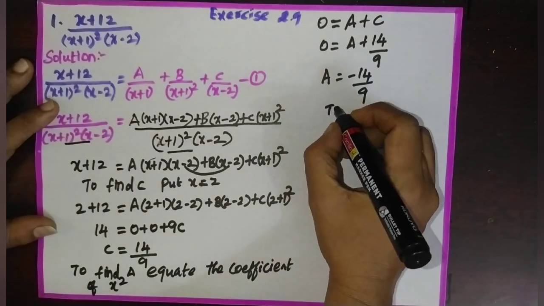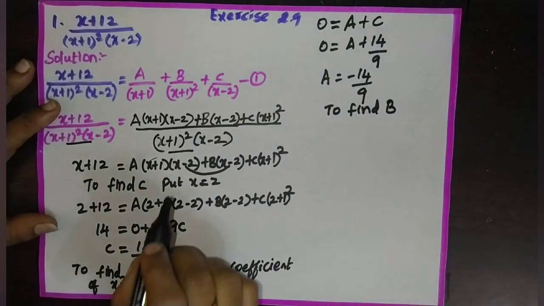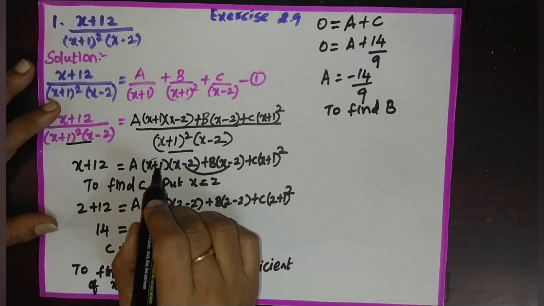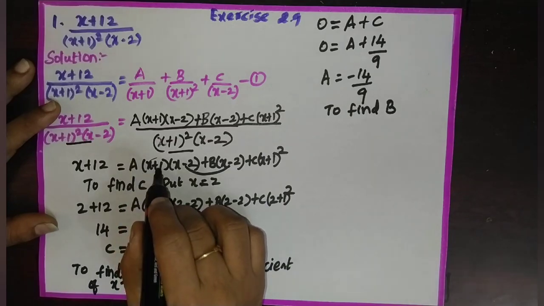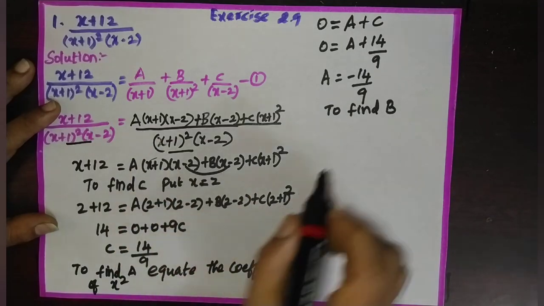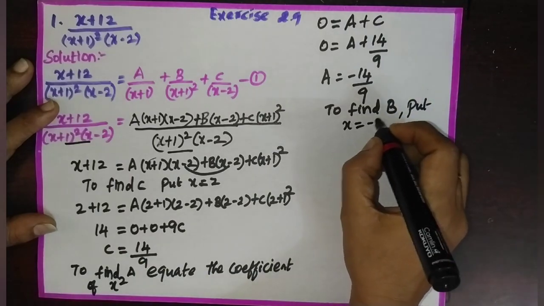Next we need to find b. To find b, we can substitute x as a minus 1. If you are substituting x as a minus 1, first term and third term will become 0. Put x equal to minus 1.